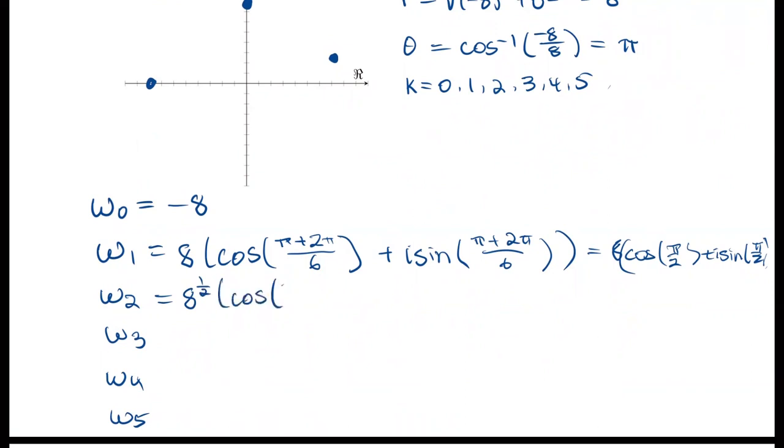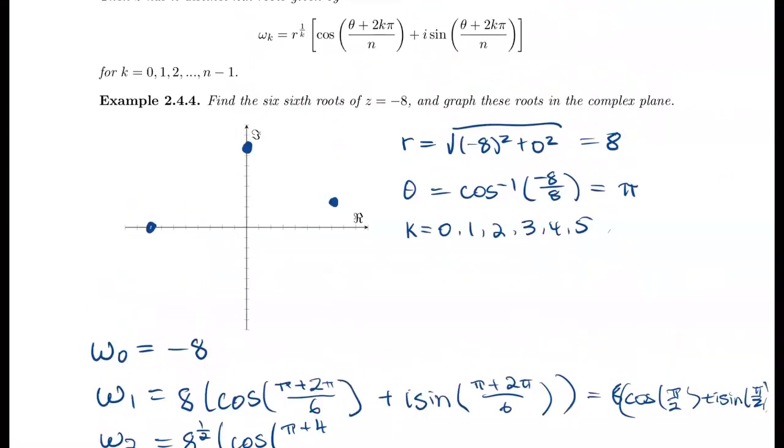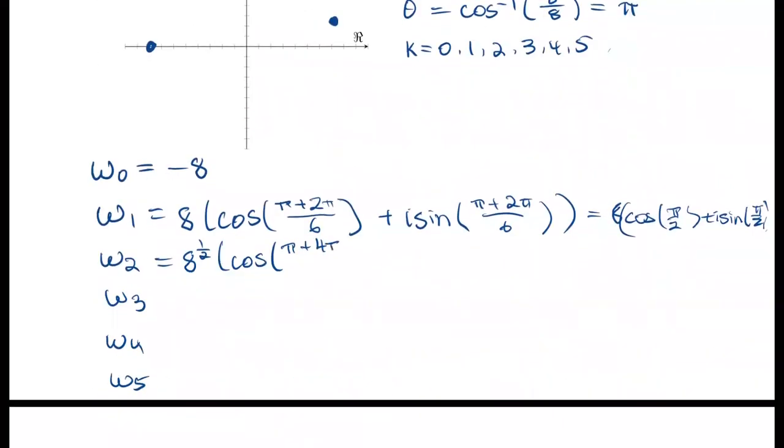Cos of pi plus 4 pi divided by 6, plus i sine of pi plus 4 pi divided by 6.